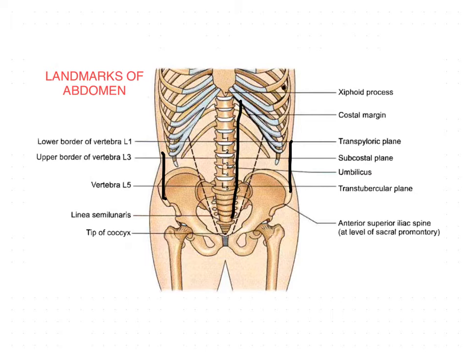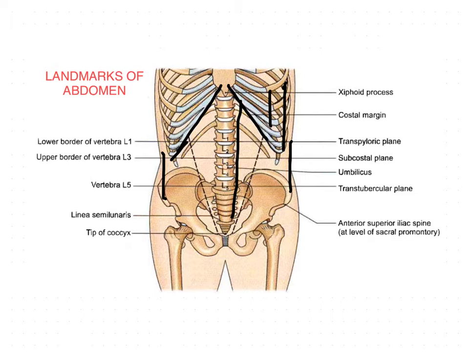If you can see, posteriorly this thoracic cage is present and laterally also you have this thoracic cage, but anteriorly the thoracic cage is not present because of the costal margins you can see here. So anteriorly the thoracic cage does not cover down to the levels of L2 or L3.